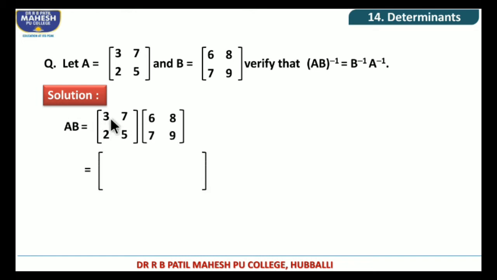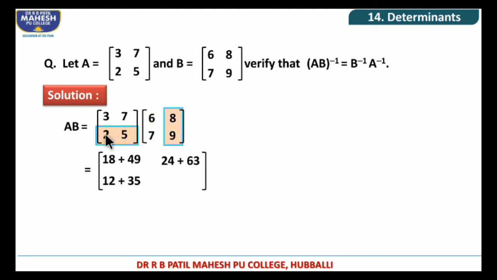So multiply and add the corresponding elements of first row, and here it is the first column. Therefore 3 into 6 is 18 plus 7 into 7 is 49. Similarly, now multiply the corresponding elements of this first row and second column. So 3 into 8 is 24 plus 7 into 9 is 63. Next 2 into 6 is 12, 5 into 7 is 35.